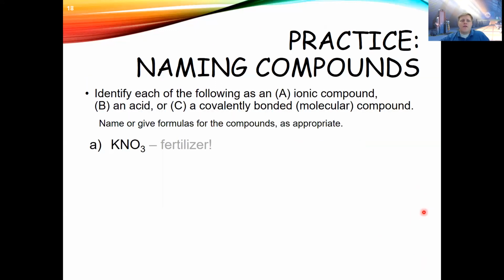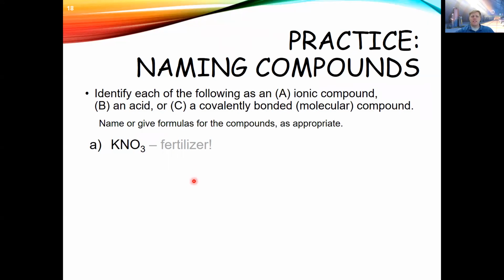All right, let's finish up with some practice here. Practice naming these compounds. So we've gone through a lot of rules, but one thing that we haven't really pointed out is that when you look at a compound like this, KNO3, you're going to have to be able to identify first whether it's an ionic compound, an acid, or a covalently bonded or molecular compound.